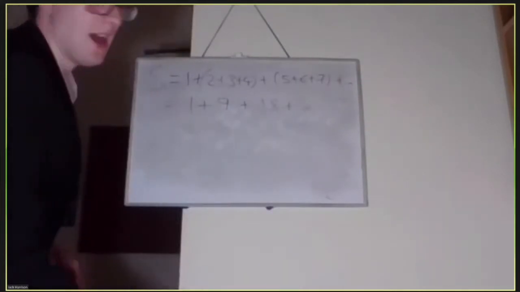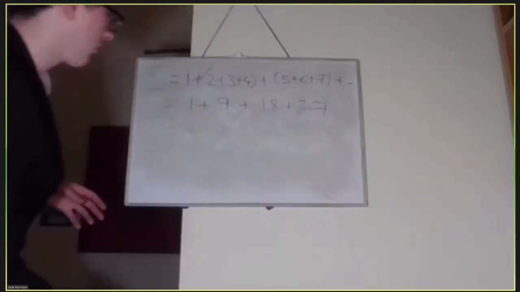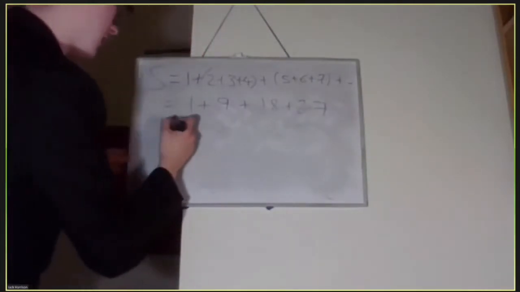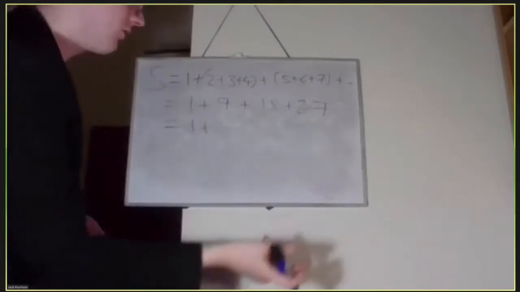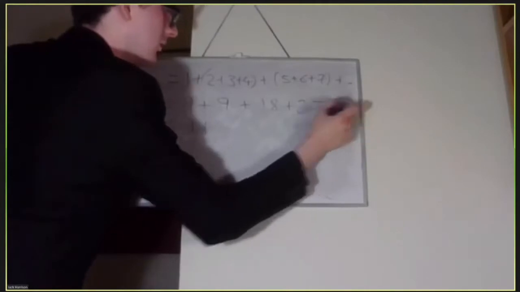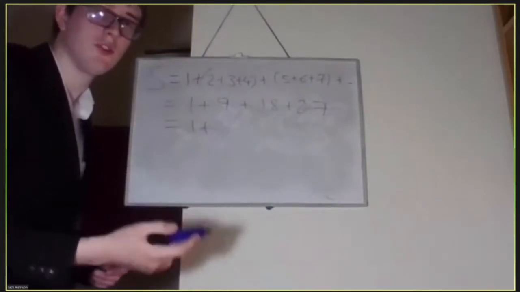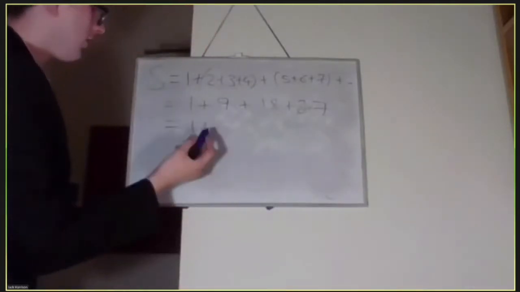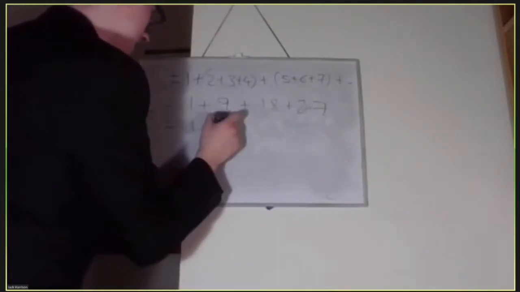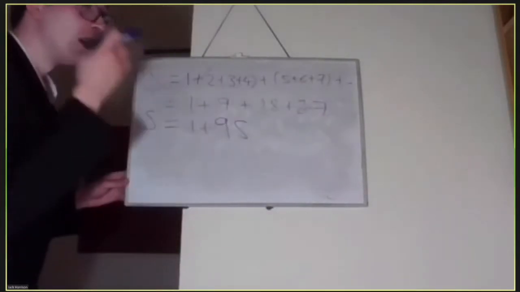The next term would be 8 plus 9 plus 10, which is 27. You have a calculator, you can play along at home. But 9 plus 18 plus 27 plus, and so on, is just 9 times 1 plus 2 plus 3 plus 4 plus, etc. It's 9 times S. S is 1 plus 9S.